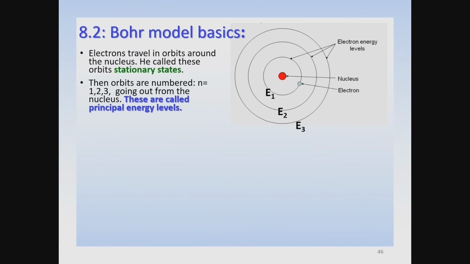Now, most of the time, under most conditions, the electron of hydrogen will be in an orbit that is closest to the nucleus. And so I designated that orbit as E1. Now, under other conditions, for example, if you electrify the hydrogen atoms, you can knock that electron up to another orbit.